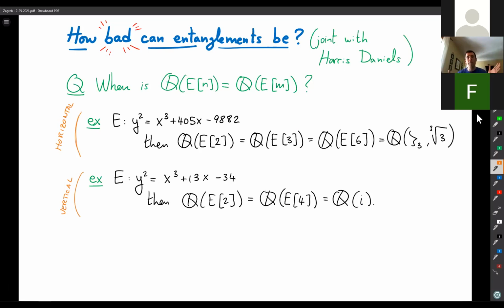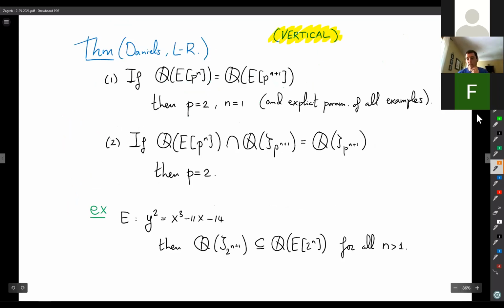Okay, so we studied this in a paper that is out there already. We are actually not able to complete the classification of these things, but we get quite close. For example, in vertical entanglements, we prove the following: if you have a vertical entanglement, that the p to the n torsion field equals the p to the n plus 1 torsion field, then p is 2 and n is 1.